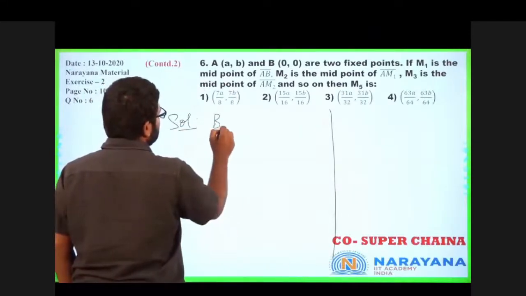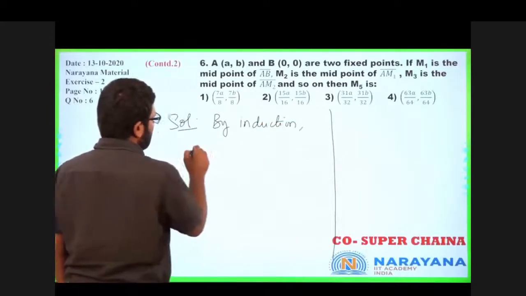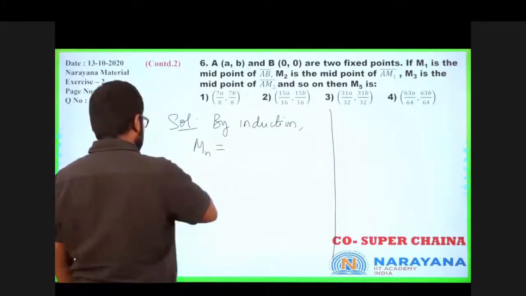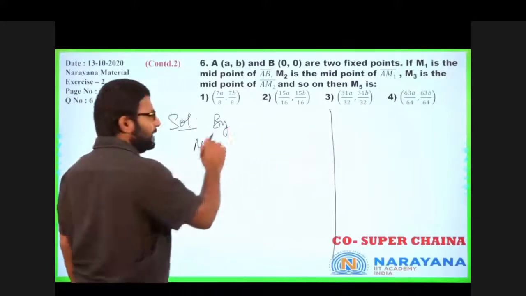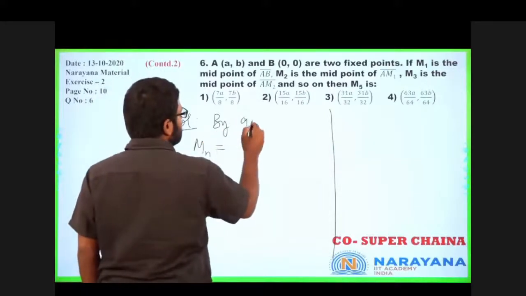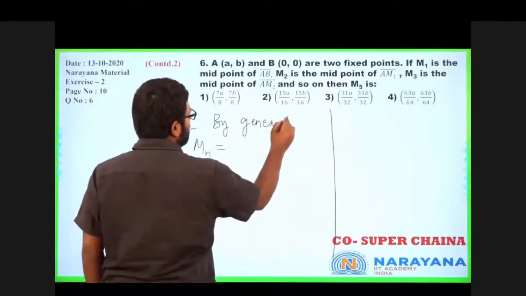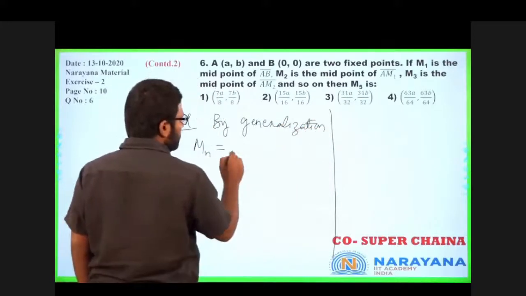So by induction, Mn, let us not use the word induction, because induction is a very clearly defined procedure. We have not done the procedure. We will just say by generalization, Mn would give me what?